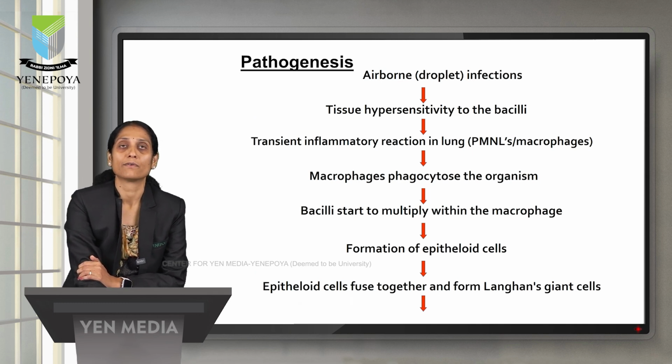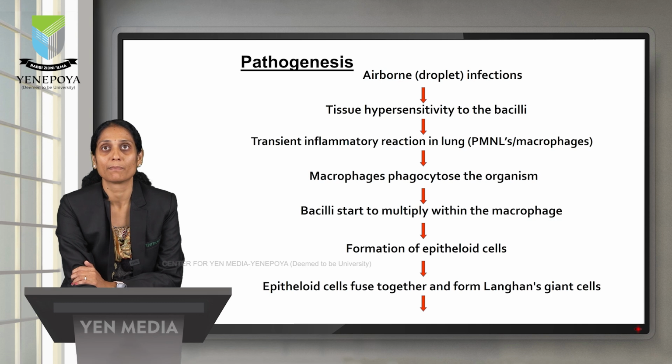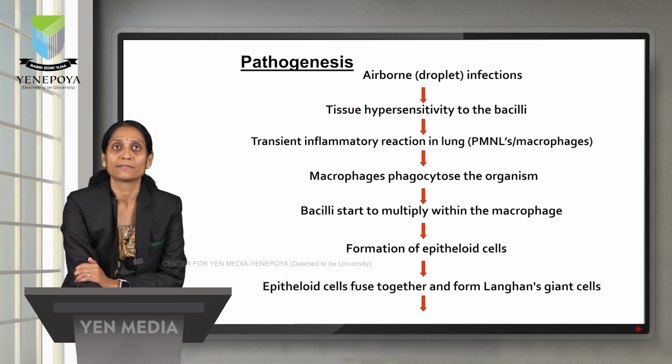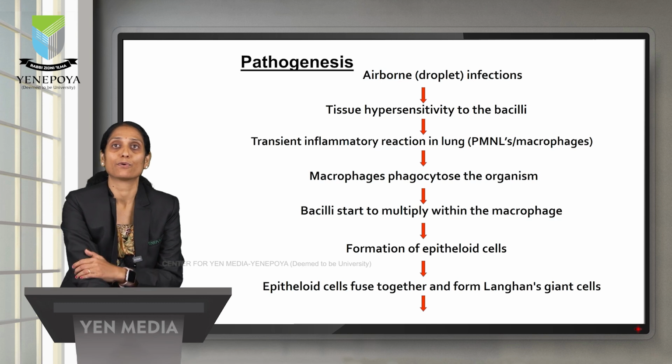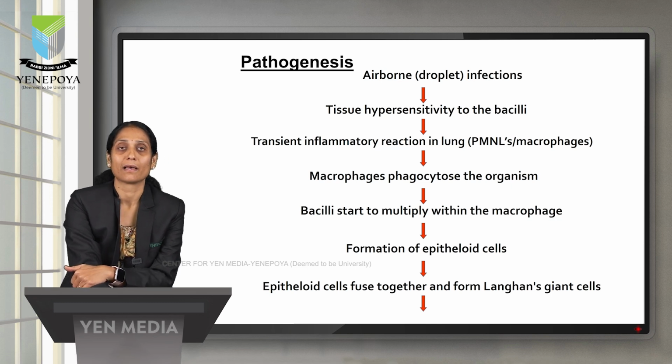Now we'll move on to the pathogenesis, how the infection spreads. First, as we have already discussed, the airborne droplet infection causes the next stage of tissue hypersensitivity to the bacilli, causing a transient inflammatory reaction in the lungs. Here the macrophages come into the picture. These macrophages will phagocytose the organism and the bacilli will start to multiply within the macrophage.